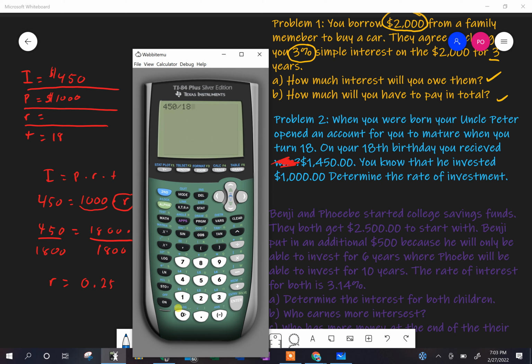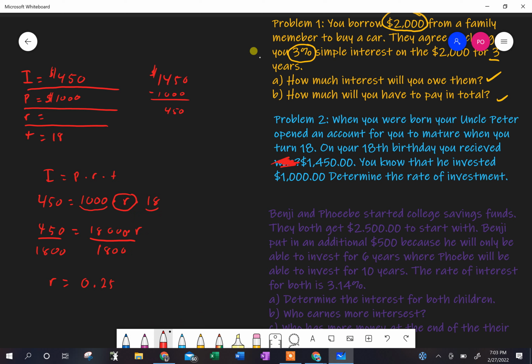Oh, I have a mistake. It was supposed to be 18,000. Which is 0.025. I noticed that something seemed a little bit weird. So it's 0.025.